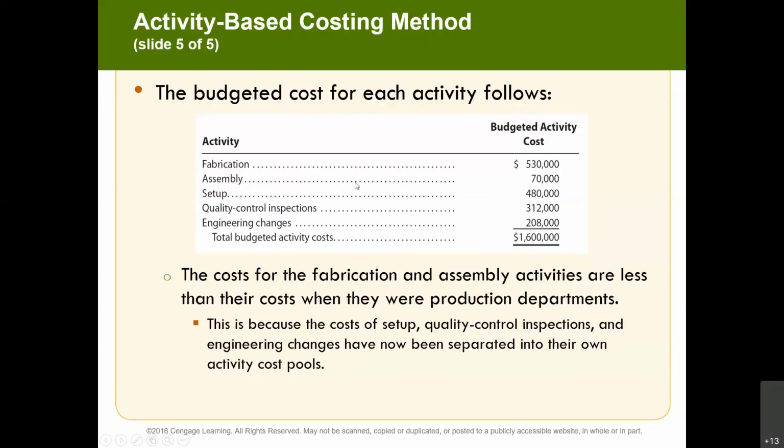And so we allocate the overhead based on each activity. This is because the cost of setup, quality control inspections, and engineering changes have now been separated into their own activity cost pools.